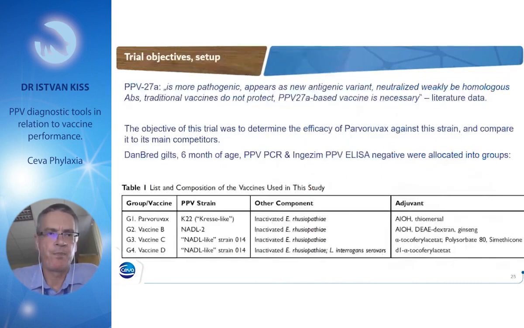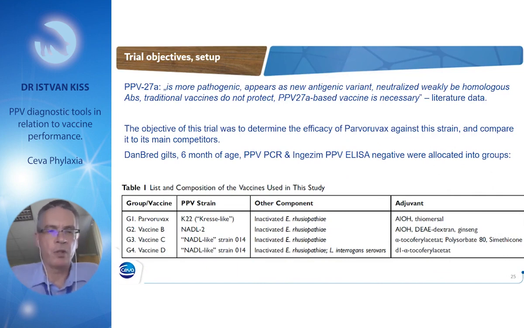diagnostic purposes. So the objective of this trial was to shed light on the belief, or the information spread all around, that PPV 27A is so pathogenic and a new antigenic variant that traditional vaccines would not protect against it. So we wanted to check the parvovirus against its main competitors, how it performs in a challenge trial.